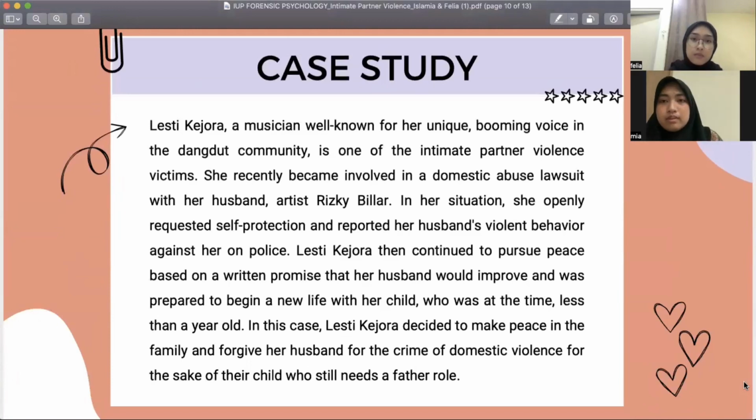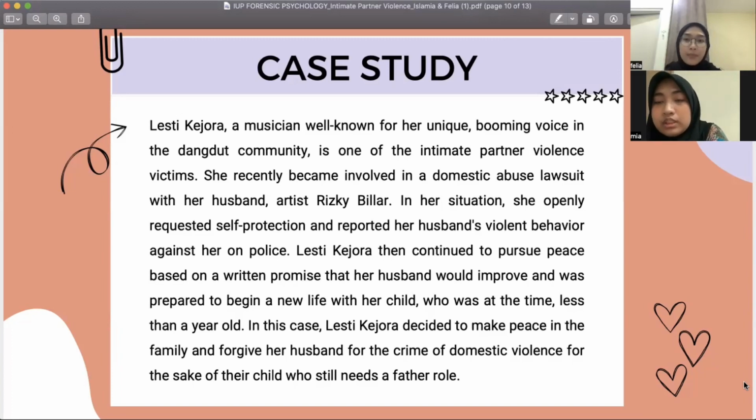So, lastly, we have a case study here of a musician named Lesti Kejora. Lesti Kejora is a musician well known for her unique, booming voice in the dangdut community. She is one of the intimate partner violence victims. She recently became involved in a domestic abuse lawsuit with her husband, who is also an artist named Rizky Billar.